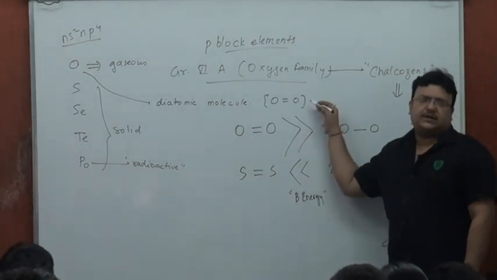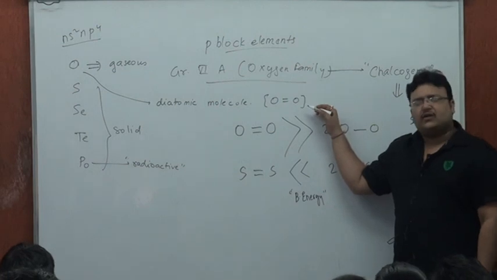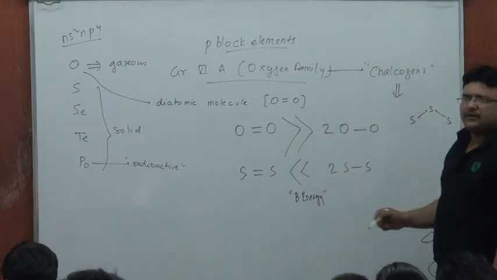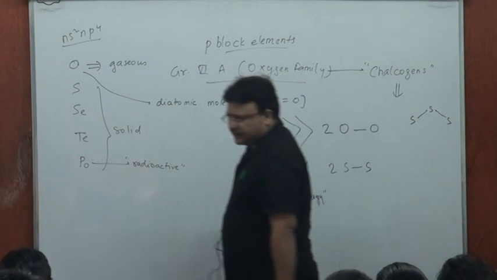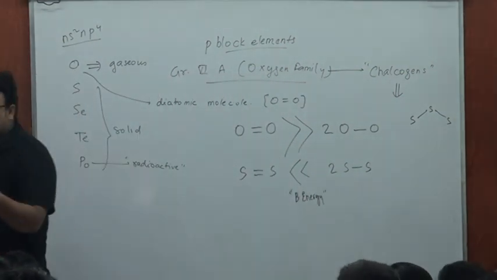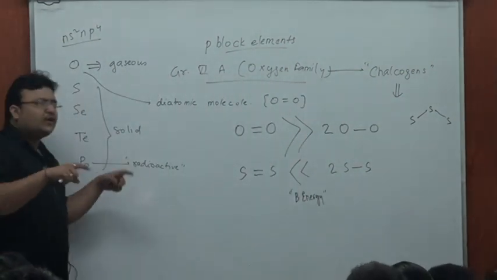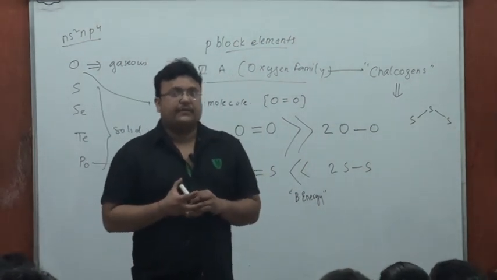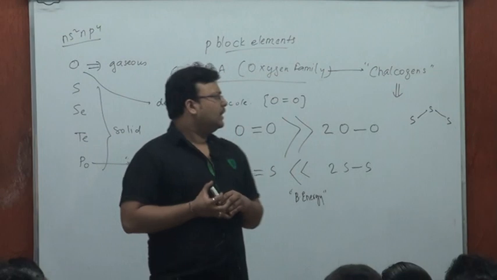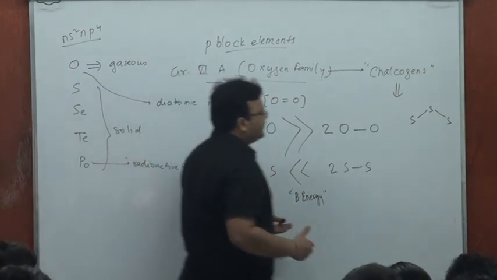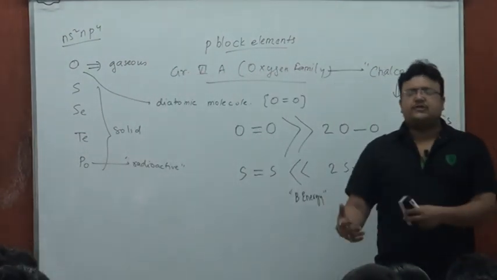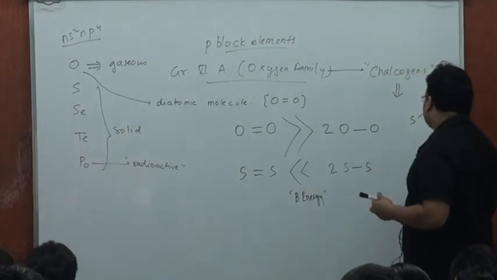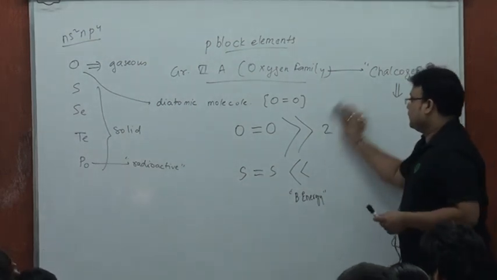Oxygen is a double bonded covalent diatomic molecule, and sulfur is going to exist in 8-membered rings. This tendency to form two single bonds instead of a double bond leads to ring formation. Fair enough?